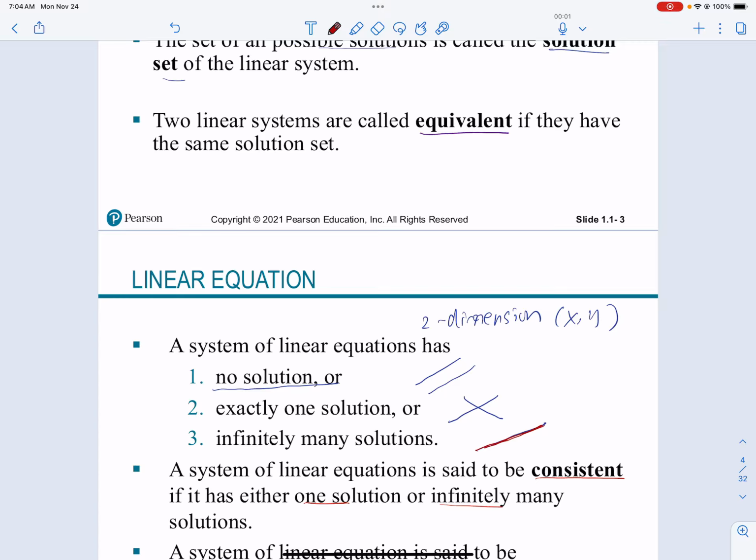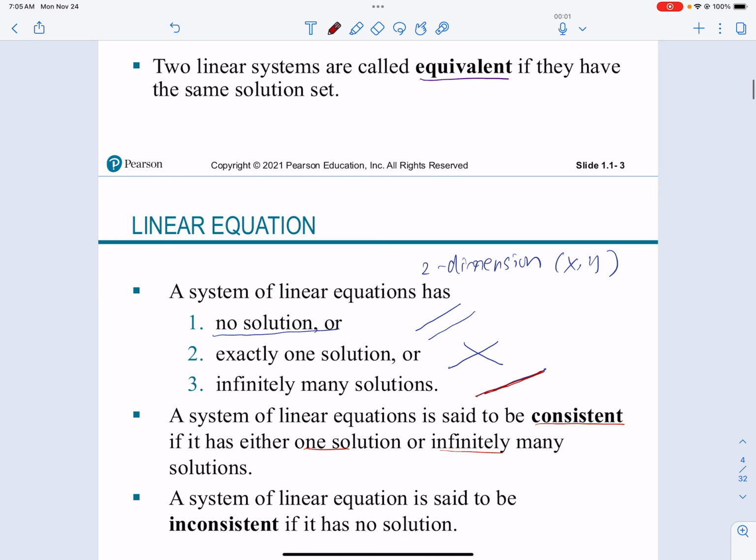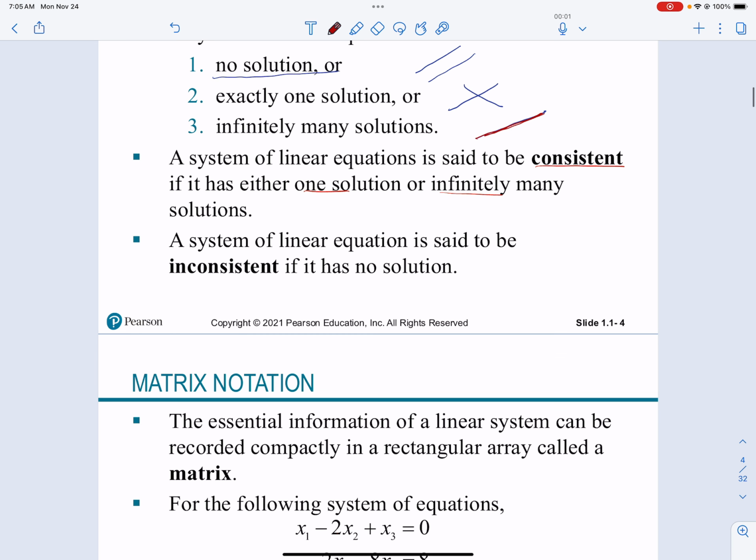Parallel. In the future we will discuss more questions like this in 3 dimensions or in n dimensions. So it does not always need to be parallel. This is the biggest difference between low dimensions, like we learned in algebra, and high dimensions that we learn in linear algebra.